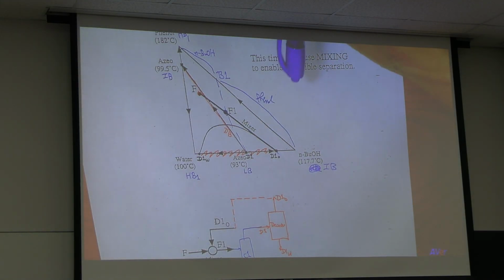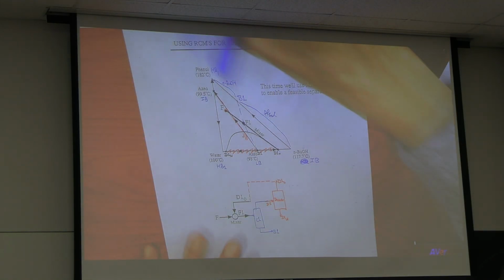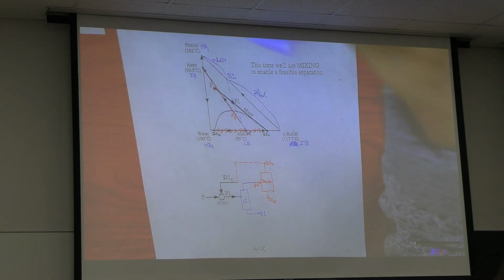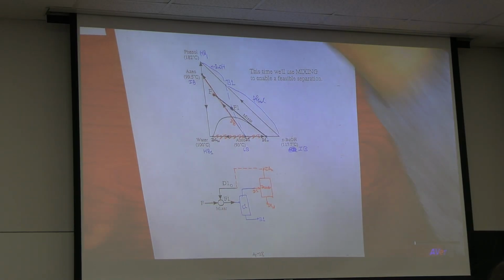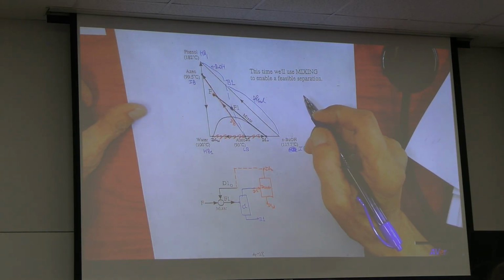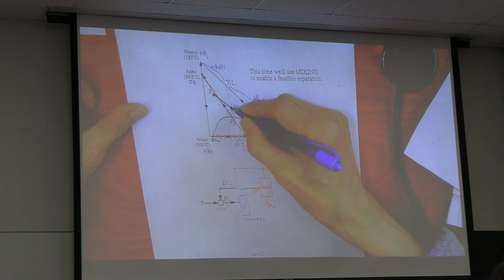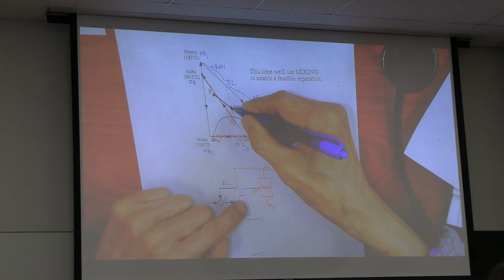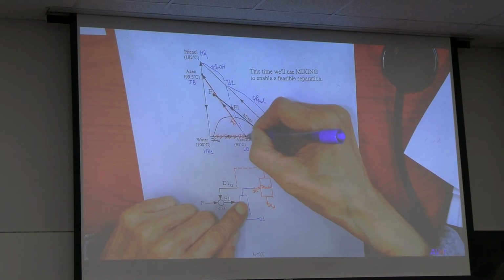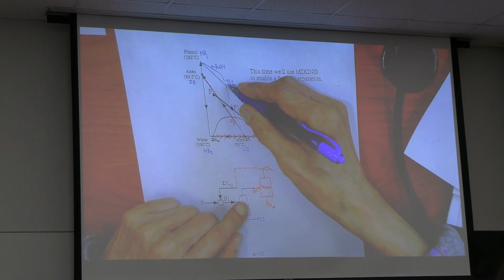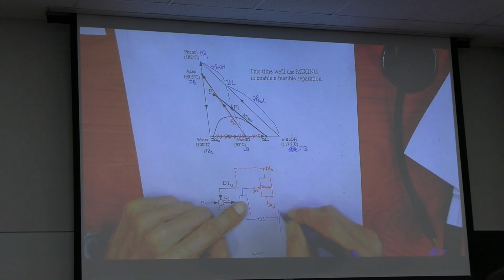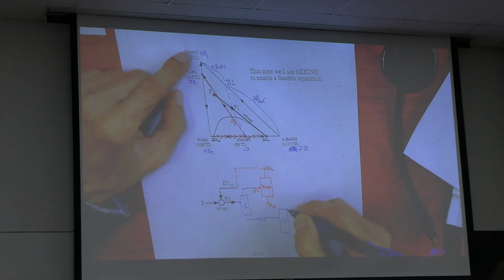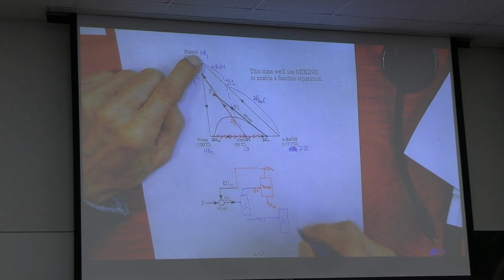Smaller. That's good. So, F1, C1, D1, B1, C2, high boiling, low boiling.